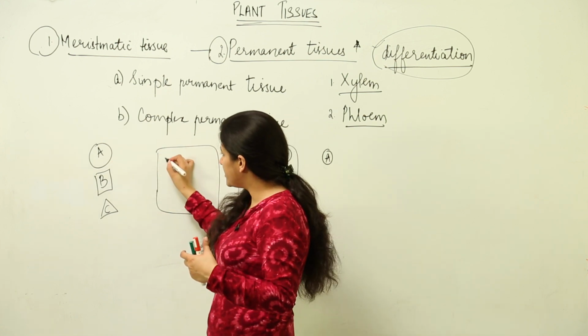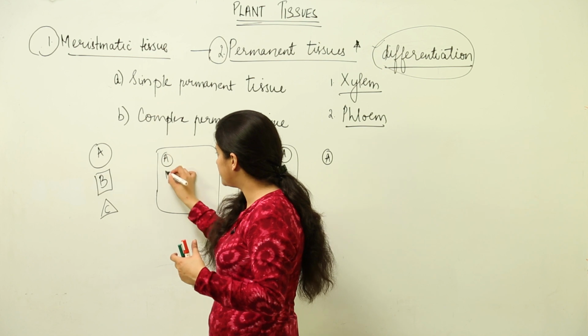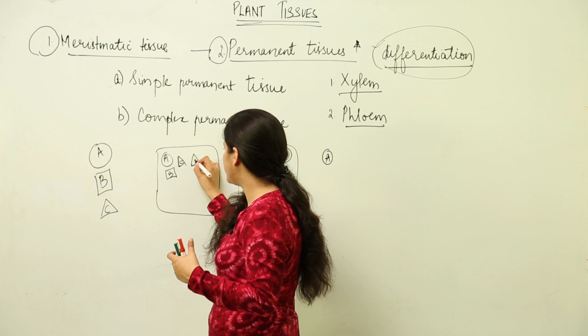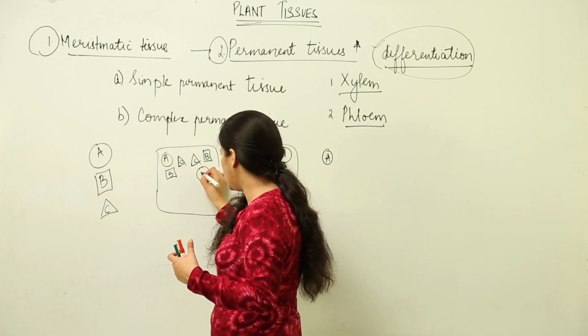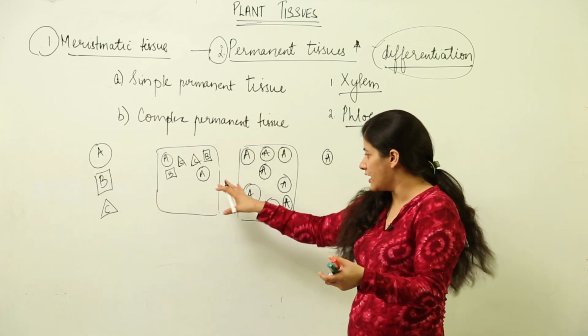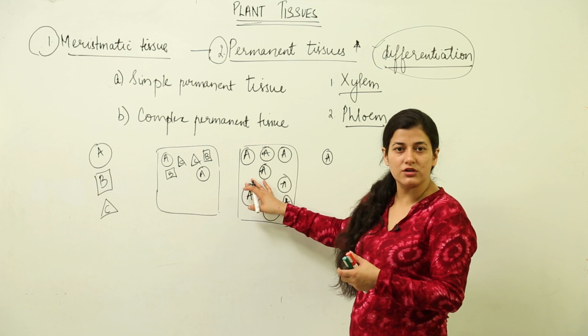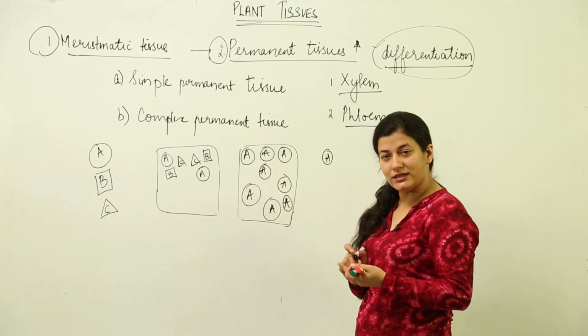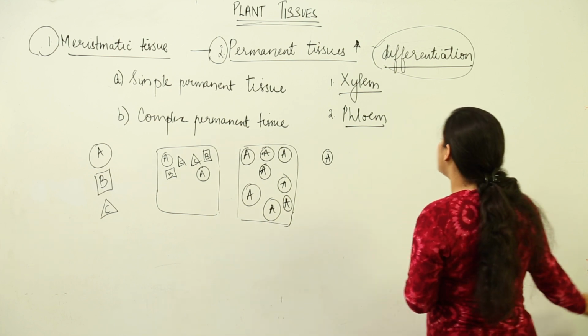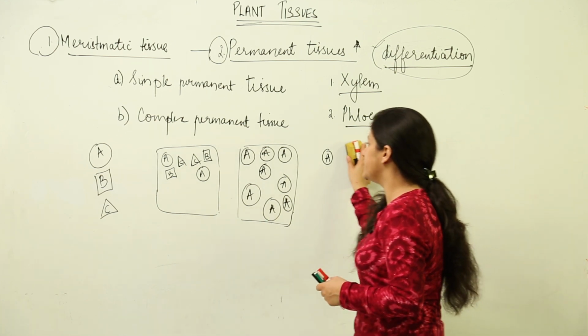So, the complex permanent tissue arrangement could be like this. I hope I am able to make it clear that all the cells would be present in the given area, as opposed to the case of simple permanent tissue where there was only a single type of cell present. So, this is the basic difference between simple permanent tissue and complex permanent tissue.